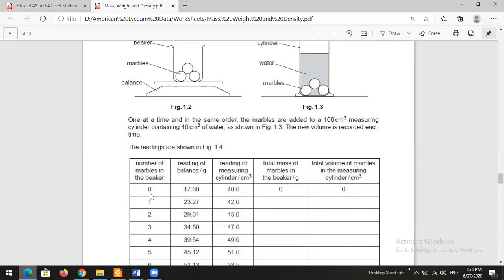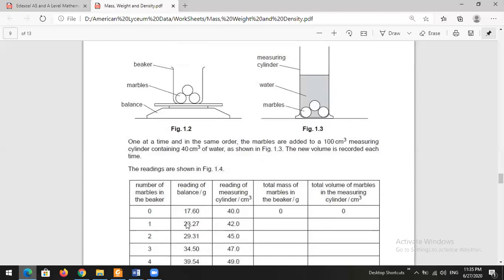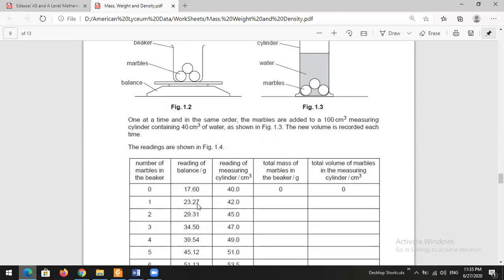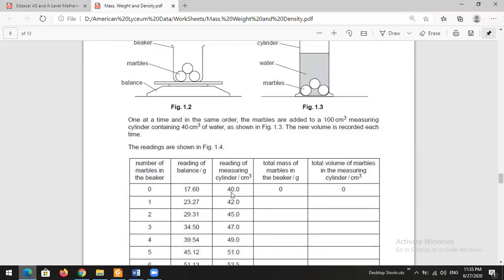Then put 1 marble inside this, and the mass becomes 23.27. Similarly, if we place 1 marble inside the measuring cylinder, the water level will rise and the reading will be 42 instead of 40. So we have to calculate the total mass of the marble in the beaker.